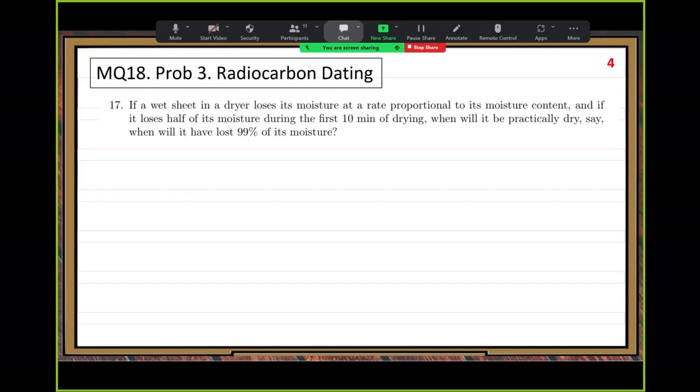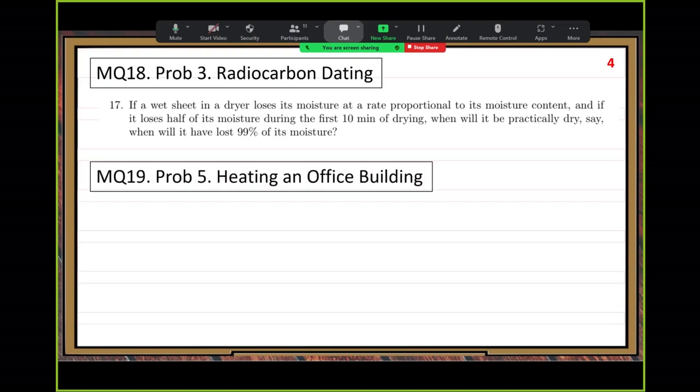All right. The first, number 18. Number 19, heating an office building. Newton's law of cooling. Apply Newton's law of cooling. Although I use this title, we have several variations under this type, and I may choose one of the variations to give you the question.